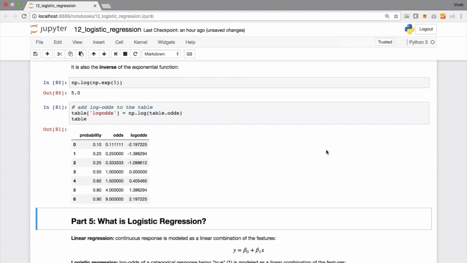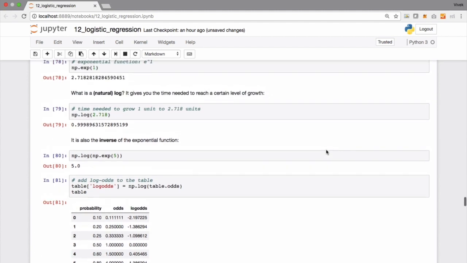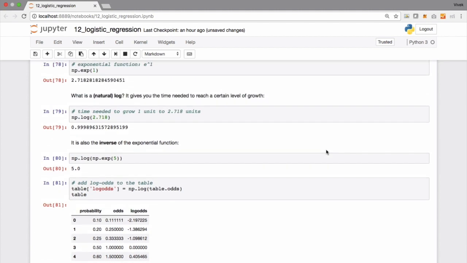And that's all the suspense that I'm going to keep. So we have learned what are probabilities, odds, logs, exponentials, and log of odds. Let's see how we can put it all together so that it makes sense in the context of logistic regression.